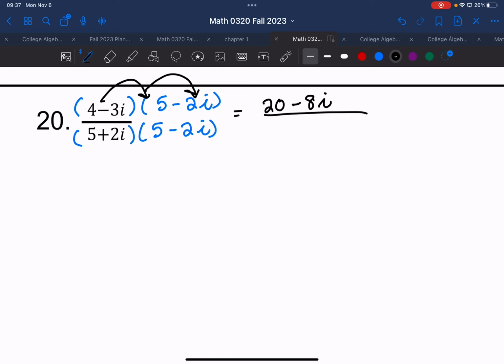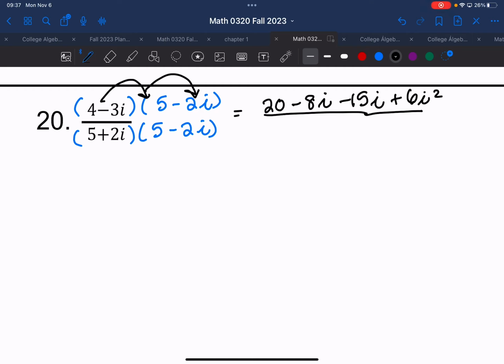Negative 3i times 5 gives us negative 15i. And negative 3i times negative 2i gives us, perfect. Now we're going to do the same on the bottom.